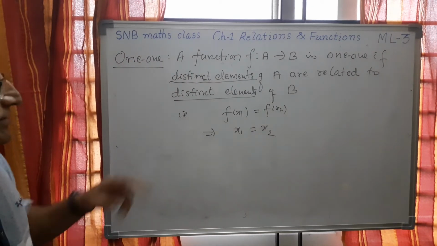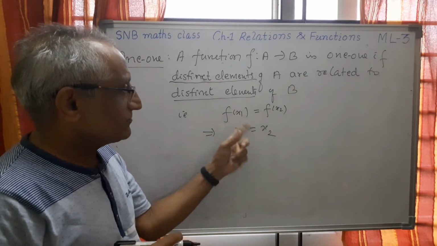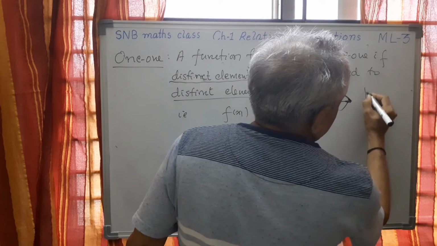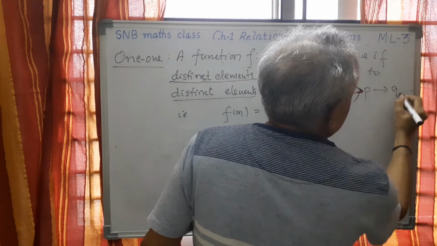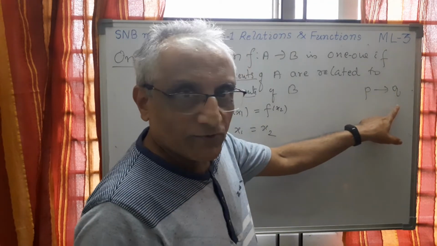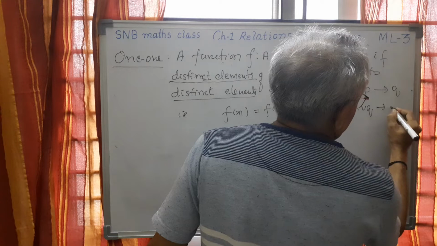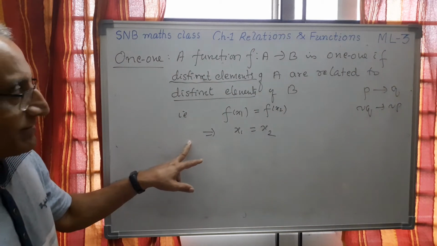Now you may wonder, in words I am using distinct elements going to distinct elements, but here I am taking equal. Last year in logic, that is mathematical reasoning, we studied this: if P then Q is also the same as negation Q implies negation P. These two are equivalent statements. Here also you have to remember like this.